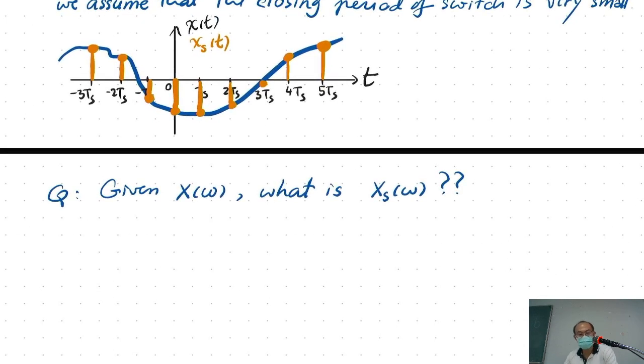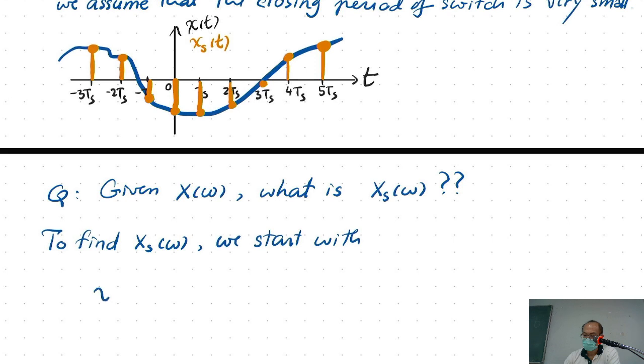Now, how do we do that? To find Xs, we start with x(t). So the question might be, how should we represent xs(t), the sampled signal in the time domain?